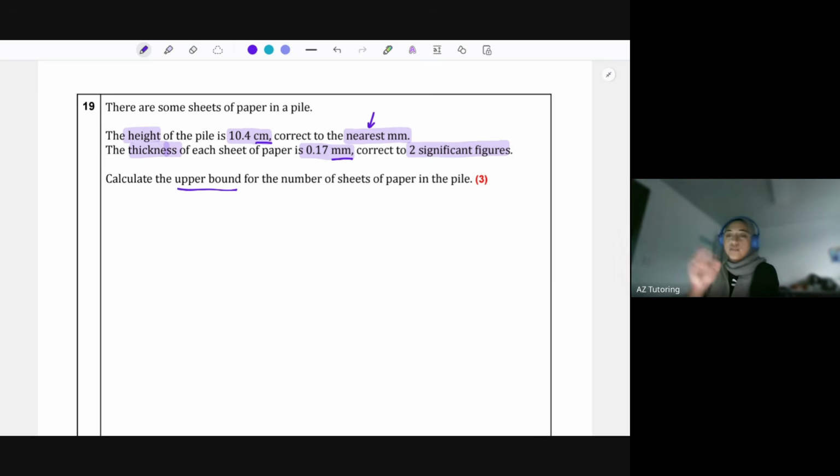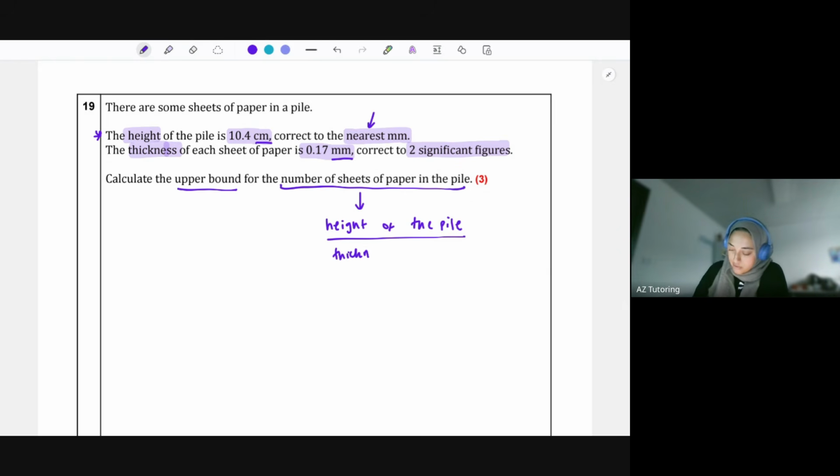Okay, if this wasn't a bounds question at all, and I was working out how many sheets of paper are in the pile, I would take the height of the pile, so how high it is, which they've told us in this first statement here. And I would divide it by the thickness of each sheet of paper. So I'm just going to write thickness of each sheet.